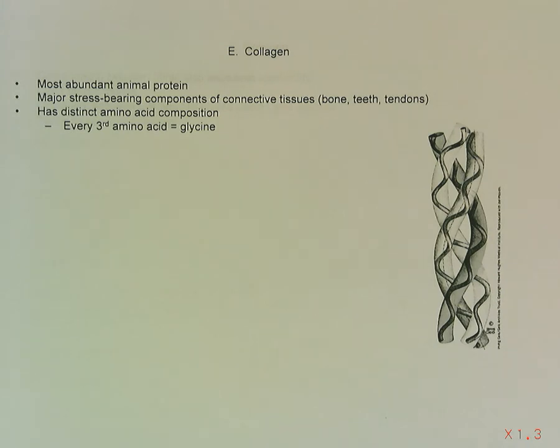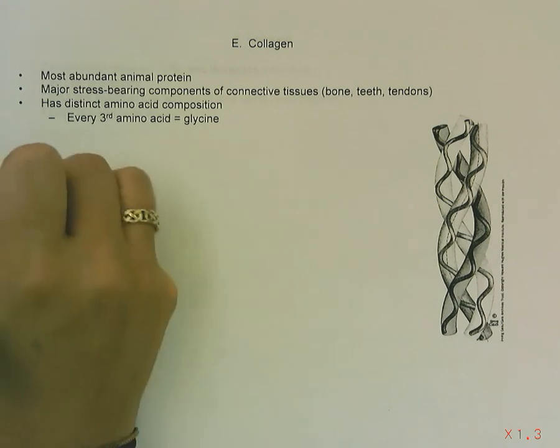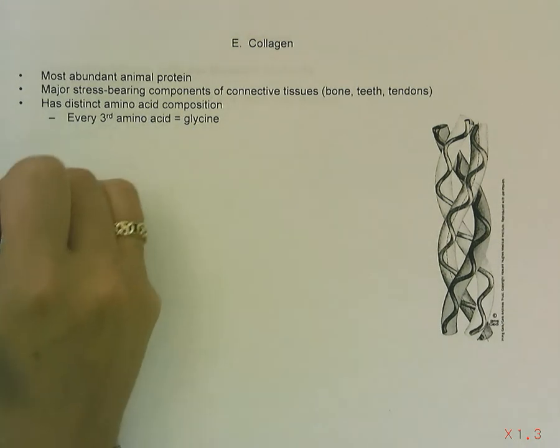It plays a major stress-bearing role in all your connective tissues, in your bone, your teeth, your tendons. But it has a unique amino acid composition which gives it an unusual quaternary structure. I'll talk about this sentence here in a second. Let me give some background.